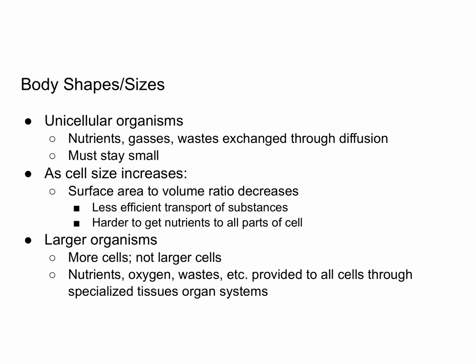So now let's talk about how different body shapes and sizes can be limited due to metabolic requirements. Unicellular organisms, and uni means one, so these are single-celled organisms, they have to be small, all right? The reason is that all of the exchange of nutrients and gases like oxygen and carbon dioxide and waste has to be able to get through the cell membrane into all parts of the cell through diffusion.